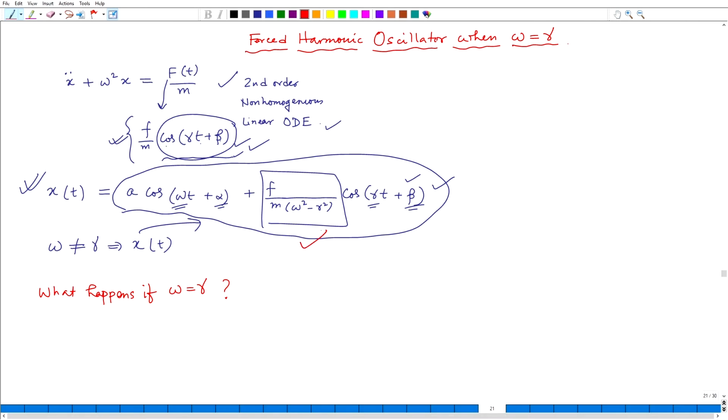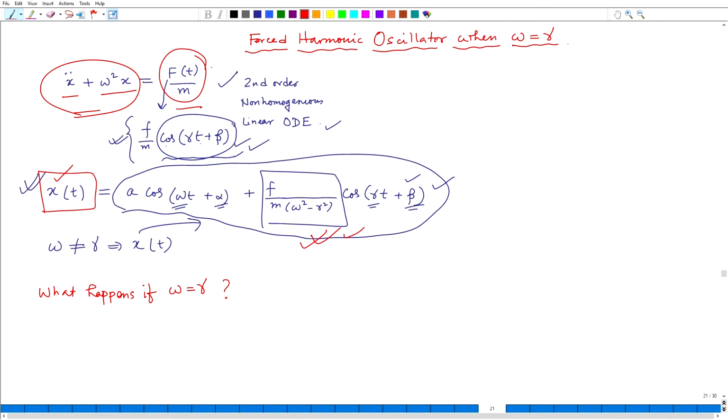Of course, you see this part will blow up, and for a finite value of x this has no meaning. If it blows up and we admit that x is blowing up, then again this is blowing up, and this one is a forcing which we give from outside. So, we know that it must be finite, it can be controlled. Something finite equal to something infinite is not possible.